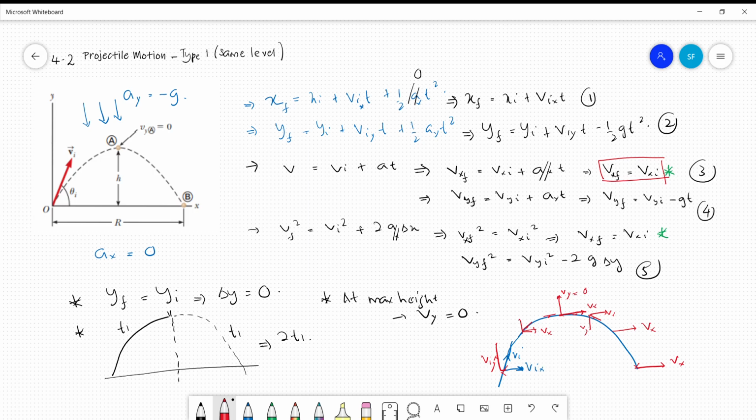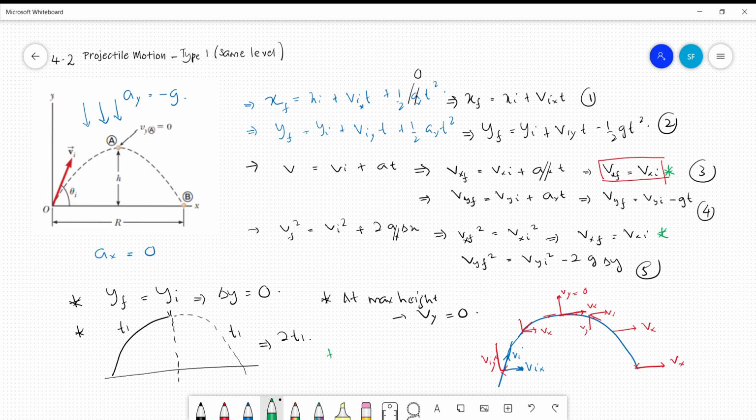So how does Vy change? As the ball rises up to the maximum height, Vy will decrease. Let's say here you have 20 meters per second. So Vy will decrease until here it is 0. Then at the other side, when it comes back down, the magnitude will increase.